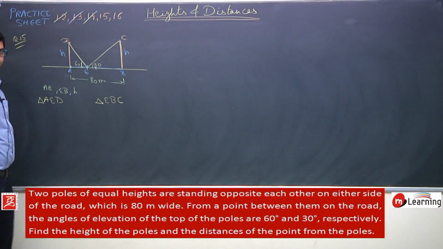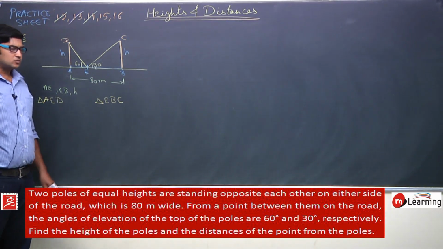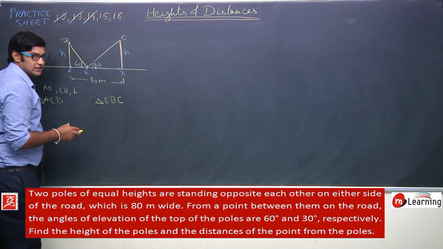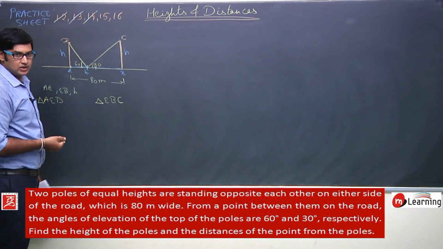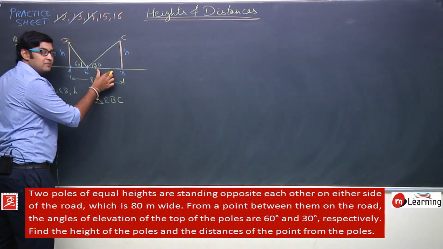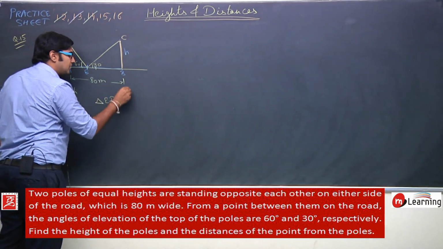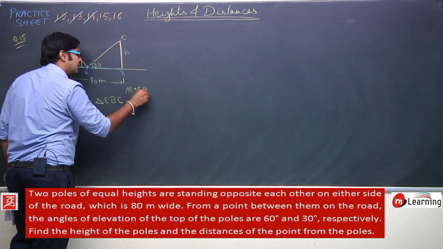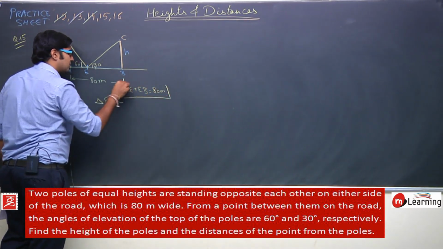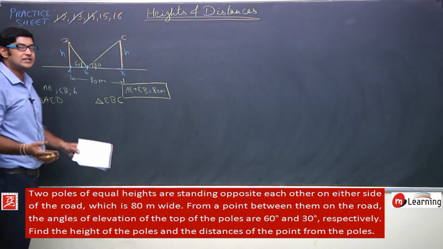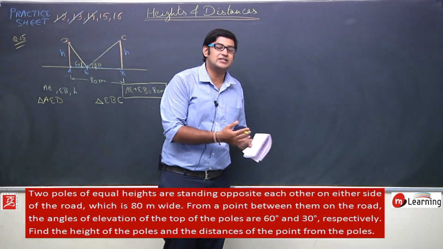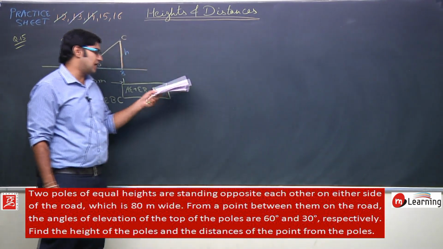The common thing between the two triangles is AE and EB. The sum of AE and EB is given as 80 meters. This relation relates the two triangles, that is AE plus EB is equal to 80 meters.